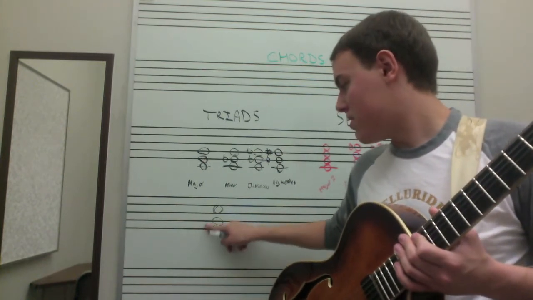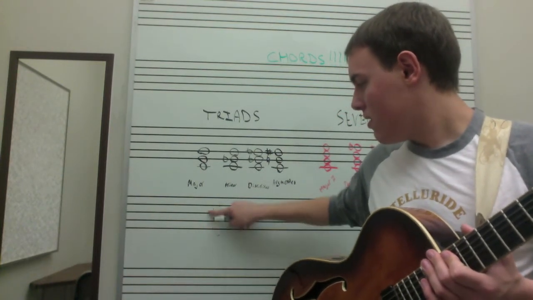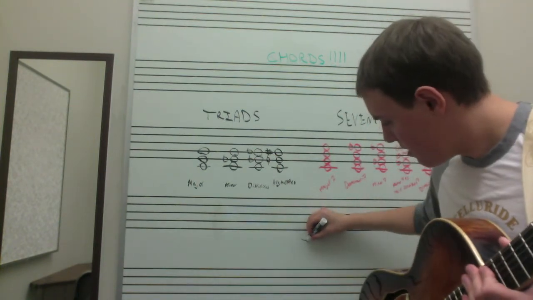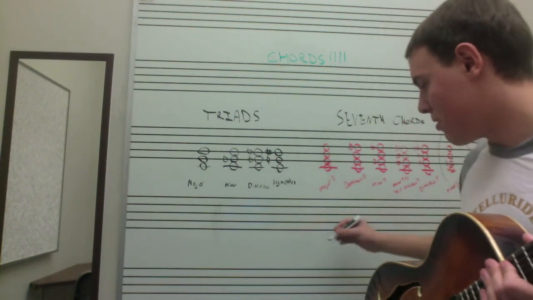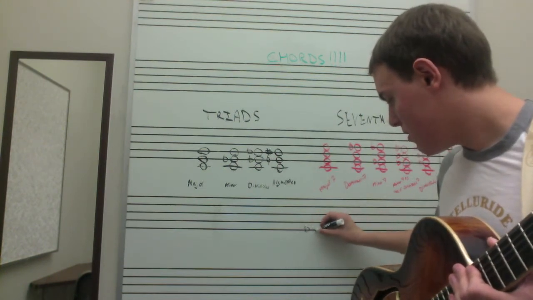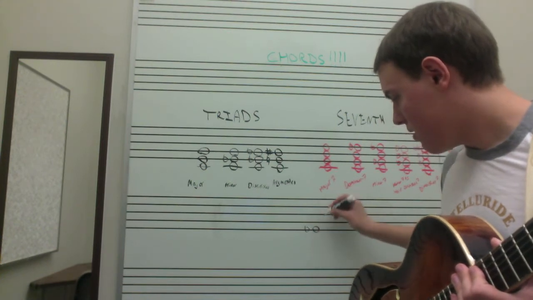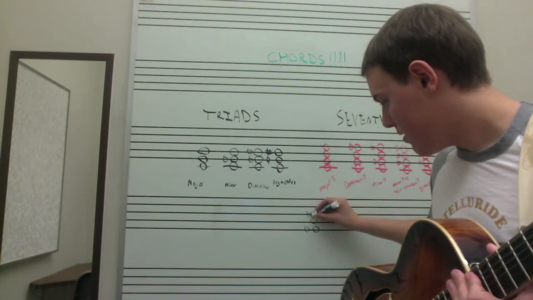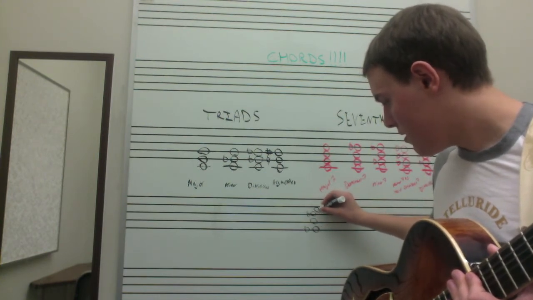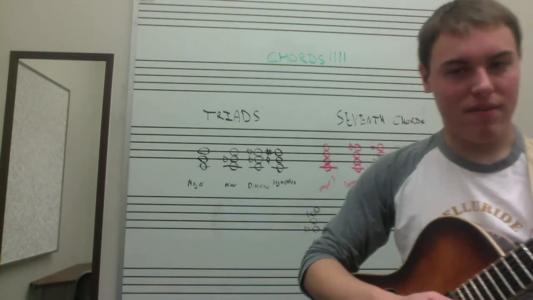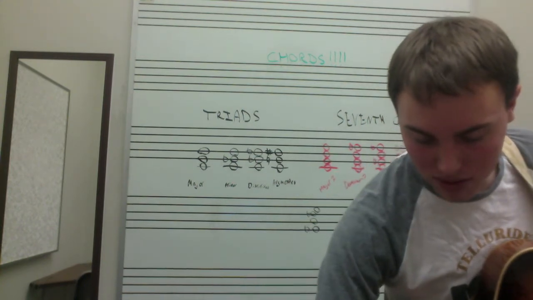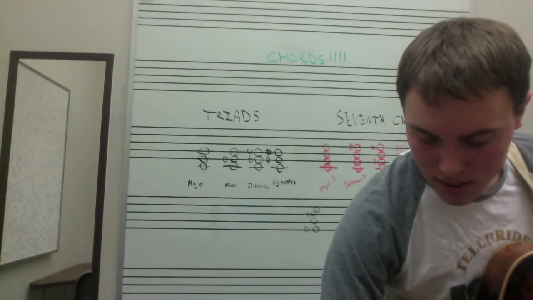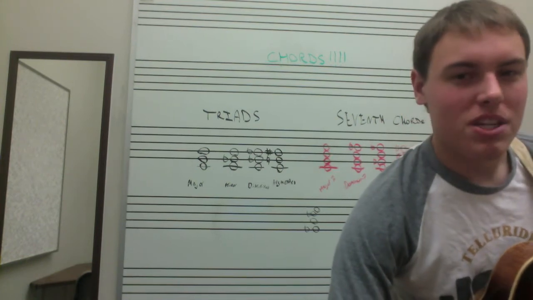And you can do that with 7th chords as well. If I take my minor 7th chord and put my 3rd down there, E flat, G, E flat, C. Suddenly, instead of having my C minor 7 chord that I had before, I have just a pretty major sound to it.